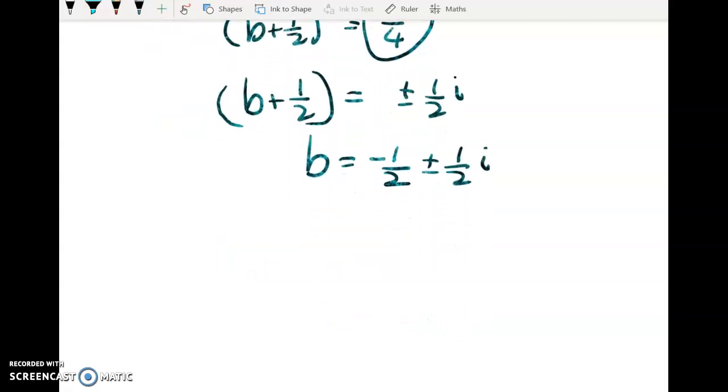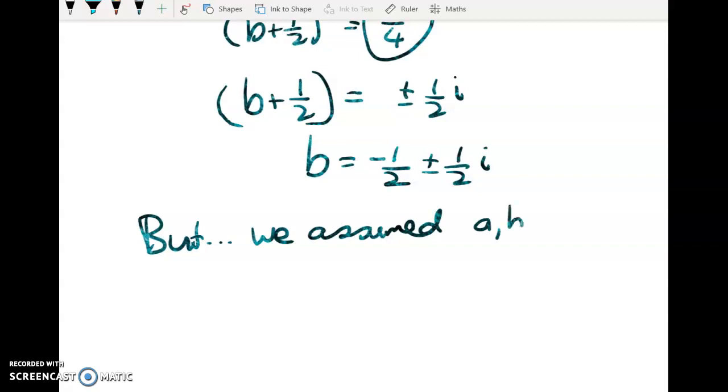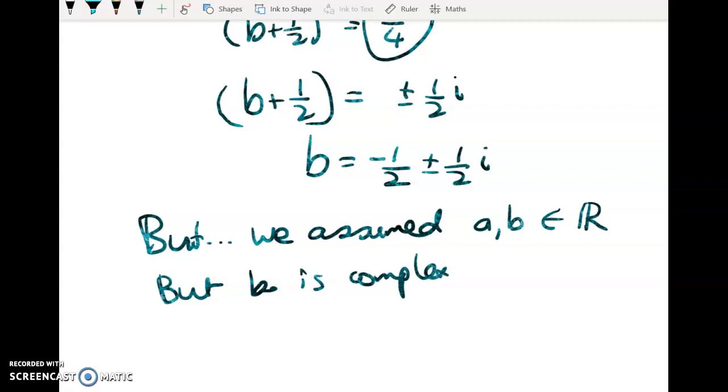Right, so here we are, we've got our contradiction. So we assumed that a and b were real numbers, but b is complex, right? It's unambiguously complex. It's got a half i stuck on the end.